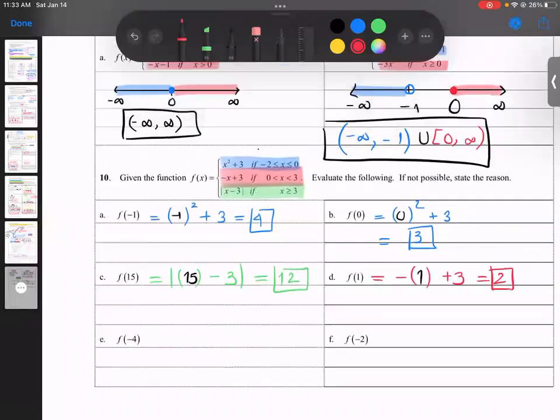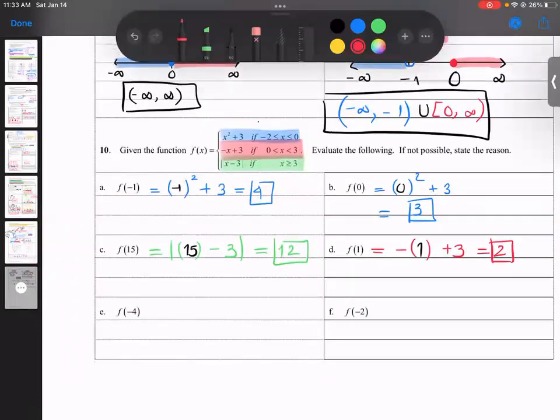F of -4. Where does -4 belong? I don't see anywhere. Even the smallest value for this piecewise function starts from -2. -4 is smaller than -2, so it's way out there as an outlier. So there's nothing you can do.